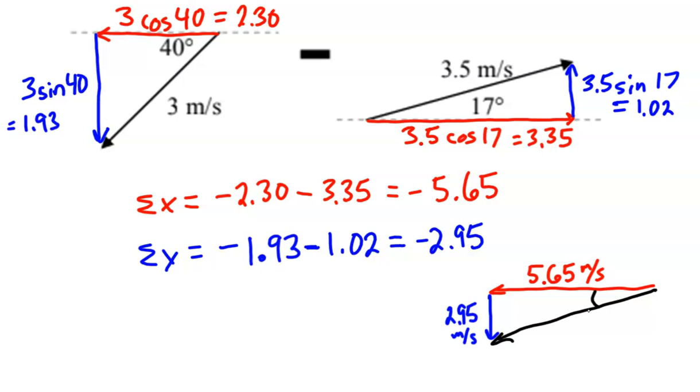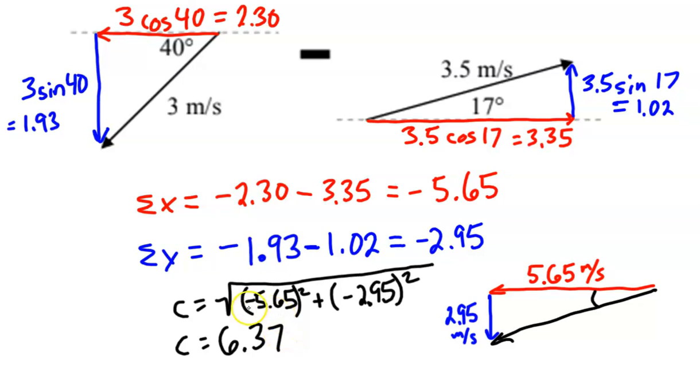So right triangle trig, it's not even really, I guess it's sort of trigonometry. It doesn't have sine, cosine, and tangent in it necessarily. But just applying the Pythagorean theorem is totally sufficient to figure out the length of the hypotenuse. So I'm going to do that now. All right, so the Pythagorean theorem gives you 6.37 meters per second for the length of the hypotenuse.